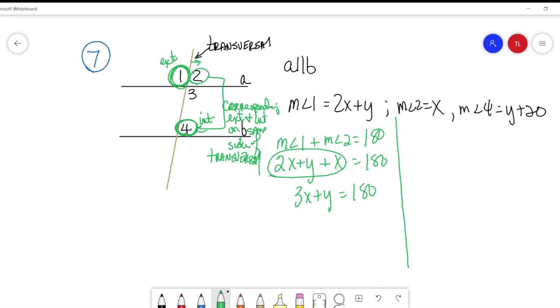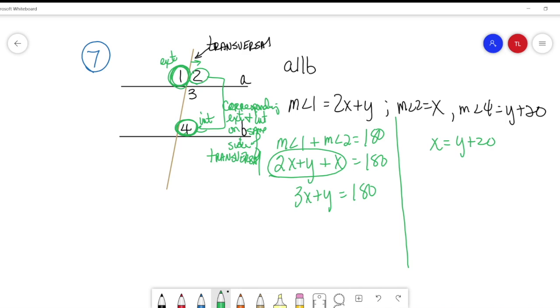Now, let's go over here and write that. Measure of angle 2 is x. Measure of angle 4 is... same deal. You can't solve for y because you don't know x. Can't solve for x because you don't know what y is.